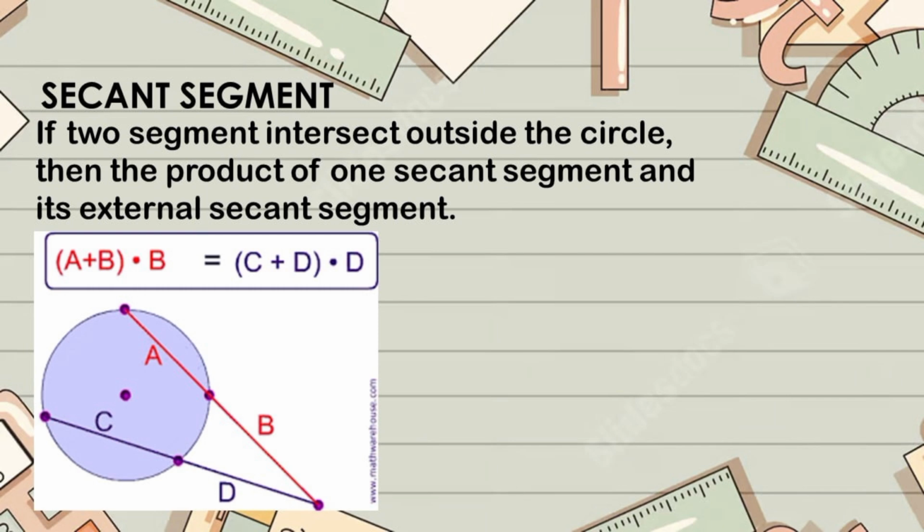The red one is A plus B times B, then C plus D times D. They intersect outside the circle, so there is a point outside the circle. They are called secant segments.